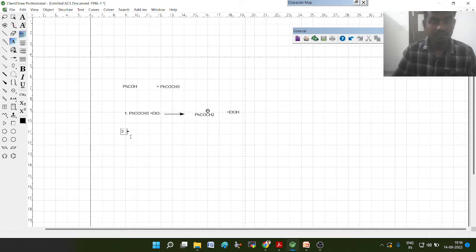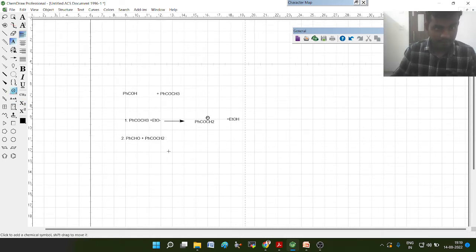Second step is the coupling. This anion PhCOCH2 minus will attack this PhCHO, which I can show like this. CHO, then plus CH2 minus.